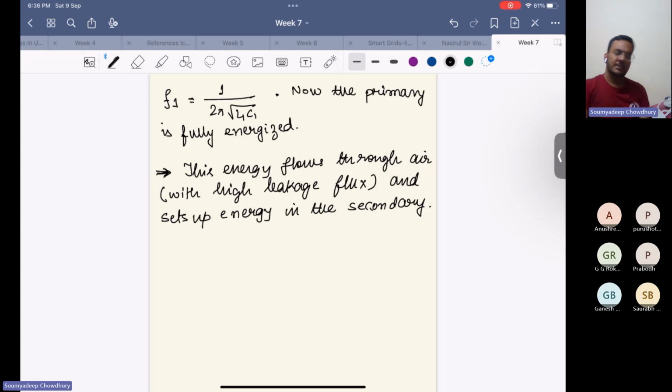So now once energy is transferred to the secondary, this will initiate a current to flow in the secondary winding, the secondary path also.